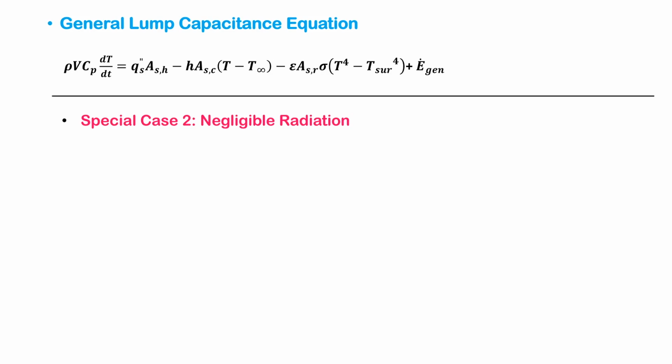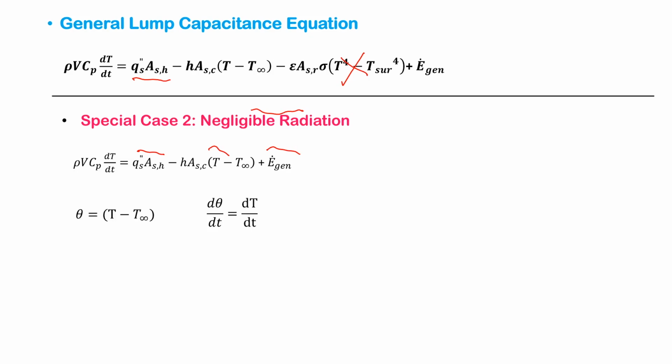So the second case is where we have negligible radiation. We are saying we neglect the radiation and we keep everything else. So this is constant heat flux, and mathematically it's a constant. We have a temperature variation here and another constant here.